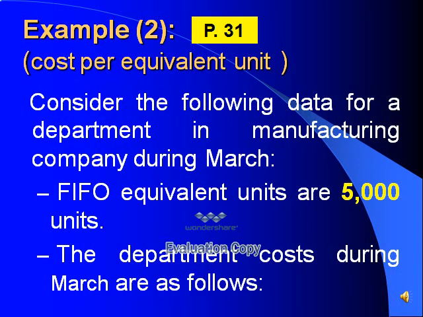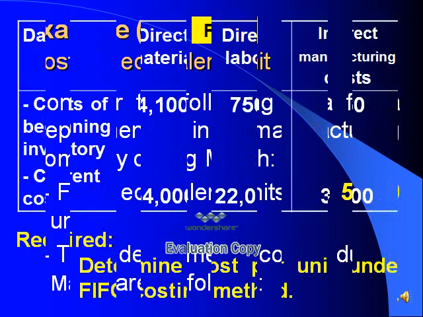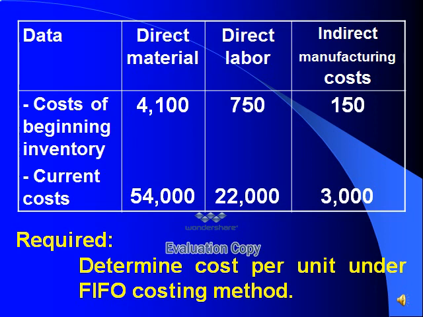Example 2 on page 31. Consider the following data for a department in a manufacturing company during March. FIFO equivalent units are 5,000 units. The department costs during March are as follows. Costs are given for direct material, direct labor, and indirect manufacturing cost.